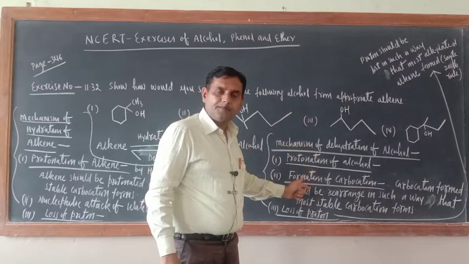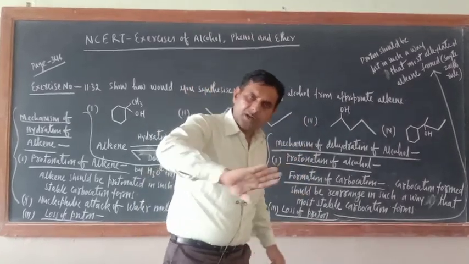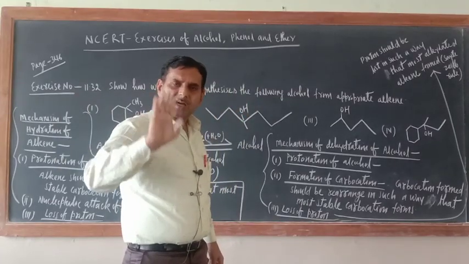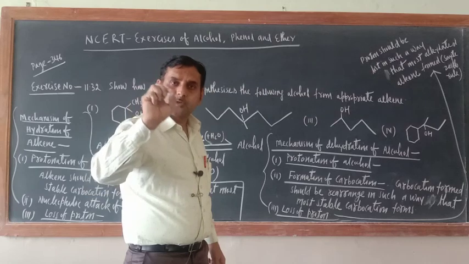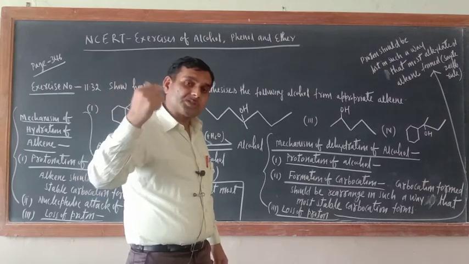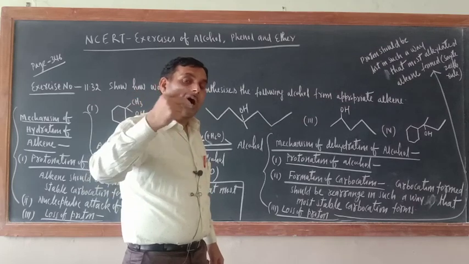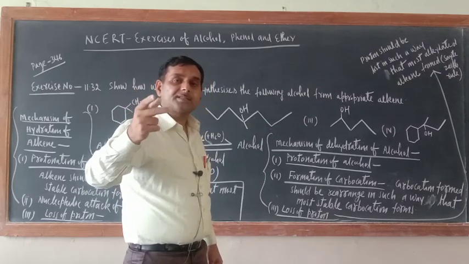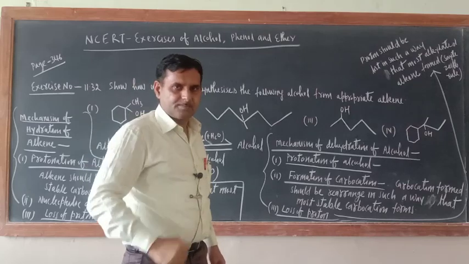So when the water molecule is lost and the carbocation is formed, you should see whether the possibility is there to get the most stable carbocation. And how will you get it? By hydride shift or by methyl shift.